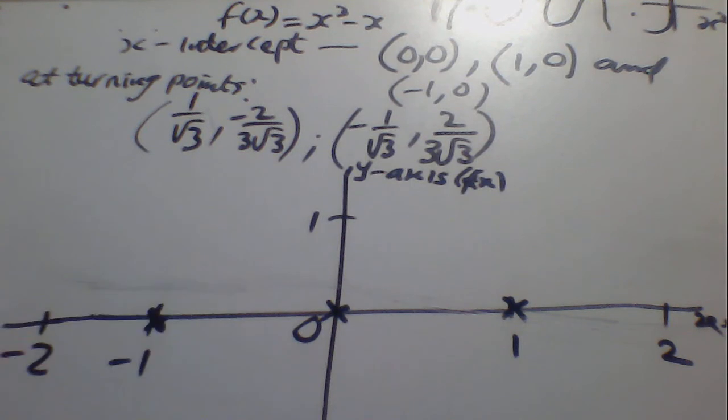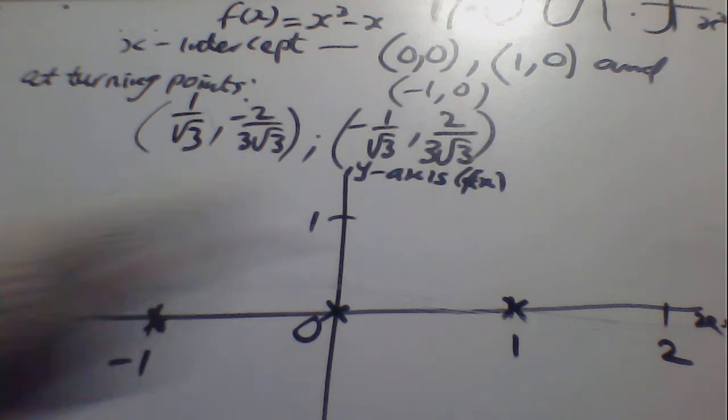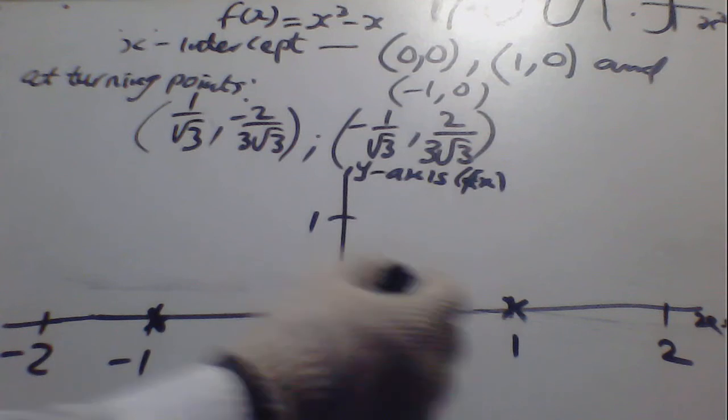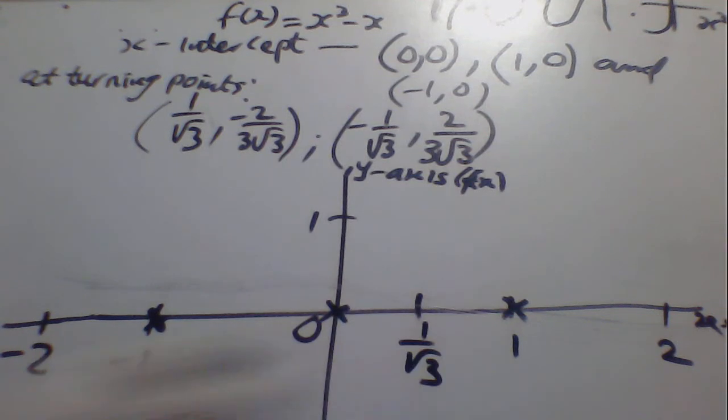This is another point. So having put the 3 points where the curve intersects the x axis, the next thing is the turning points. That will tell us how the function looks. So here we have 1/√3, and y will be -2/3√3.